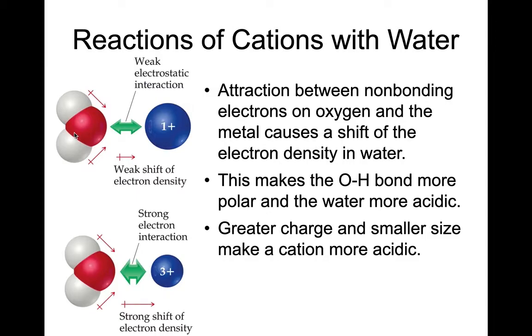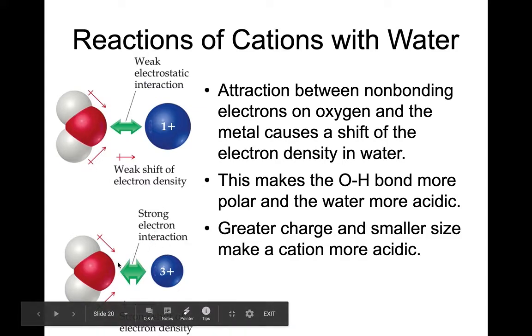So the more charge that our metal ion has, the greater it will be able to pull on those electron pairs on oxygen, and so the more polar it's able to make water, the more acidic.